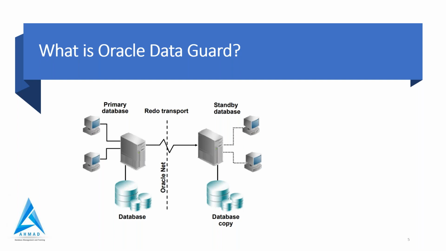You can take a backup of the production, and after that you can configure your standby database, then you can establish a connection between the production and standby, and your data will be applied through redo. That's why in the diagram it is mentioned as redo transport. So this is the overall picture of how Data Guard behaves internally.